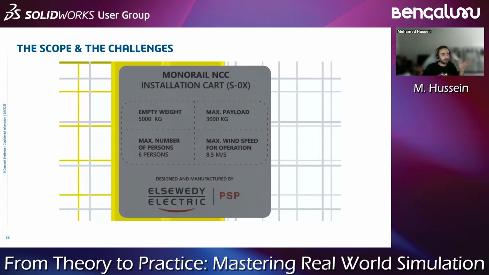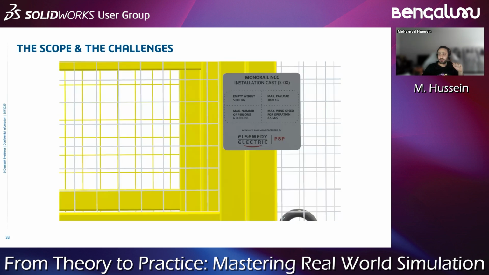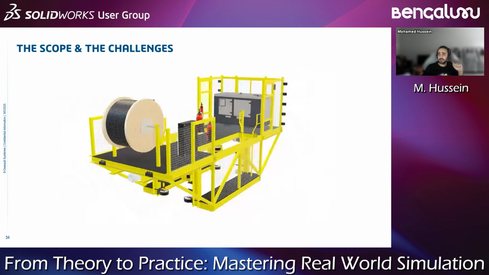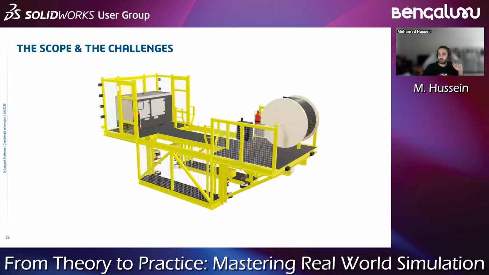It has an empty weight of around 5,000 kilograms with a maximum payload of around 3,000 kilograms, 6 persons as workers, and this is how it works.